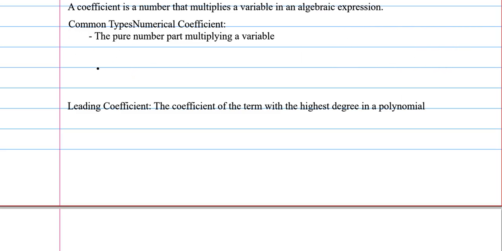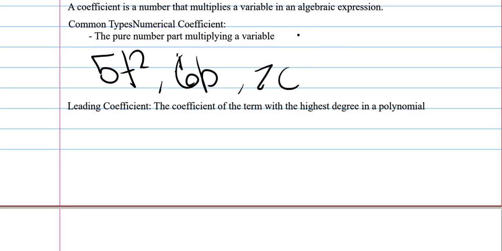Next is the numerical coefficient, the pure number part multiplying a variable. Common examples are 5t squared, 6b, 7c.